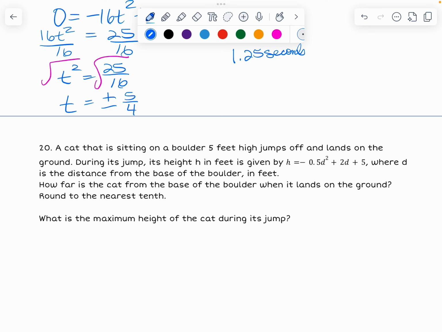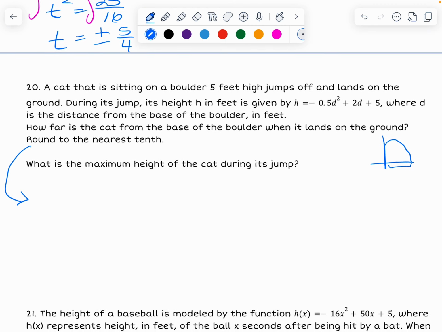Okay, so it jumps in the air and lands on the ground. So we need to know how long it took. That means I need to find a 0. Guys, I didn't leave enough space. I apologize. So I'm going to find the 0 here first.